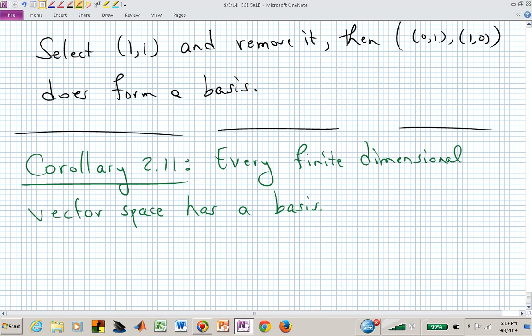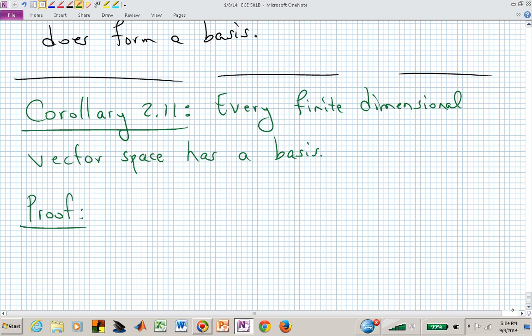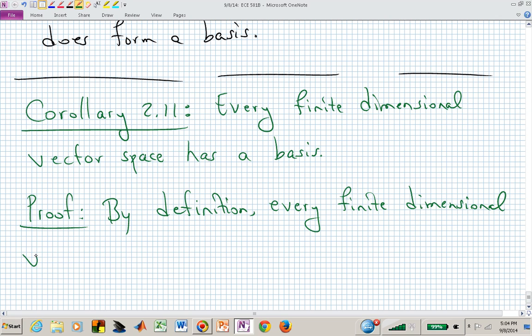So what's a way of showing or proving that? Proof. By definition, every finite dimensional vector space has a spanning list.